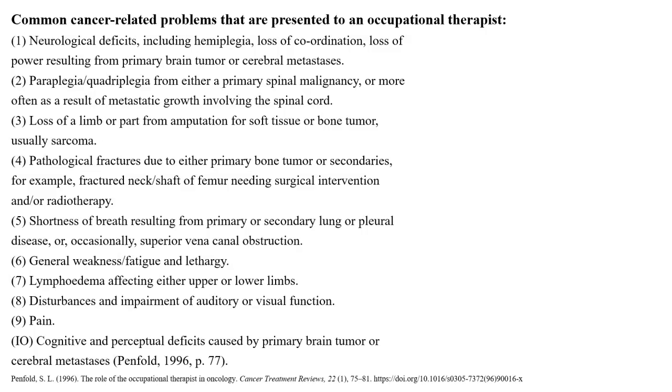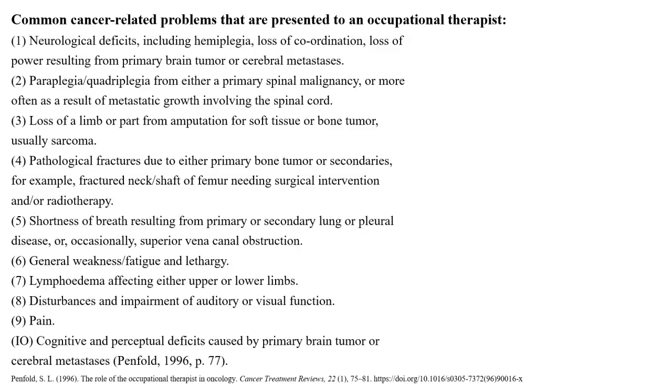So, neurological deficits including hemiplegia, loss of coordination, loss of power resulting from primary brain tumor. Working in the clinical setting, I have seen a lot of clients with neurological deficits secondary to the cancer, depending on the location of the cancer. If it's a brain tumor, it affects a lot of their neurological systems.